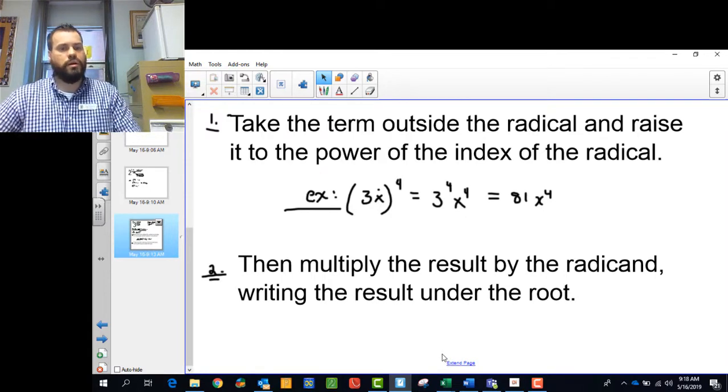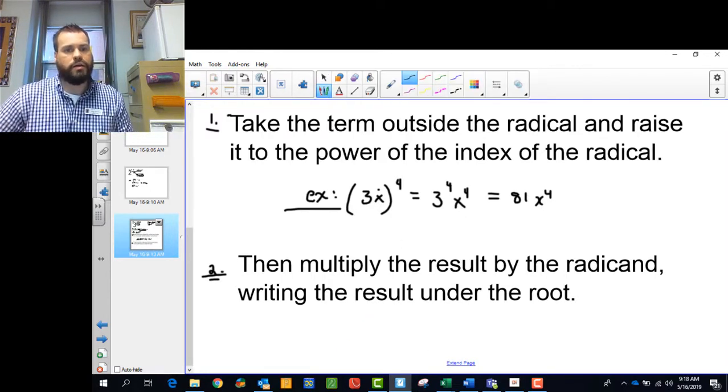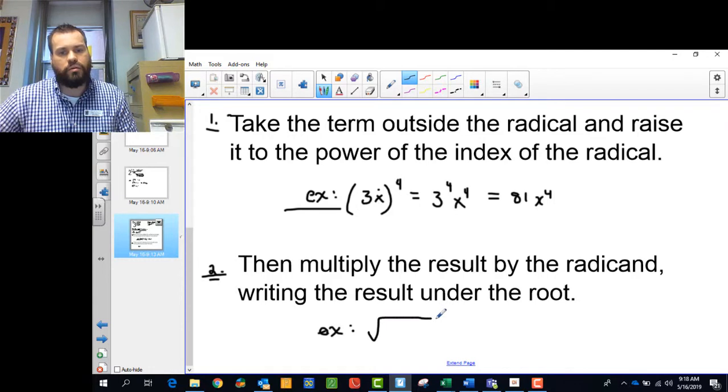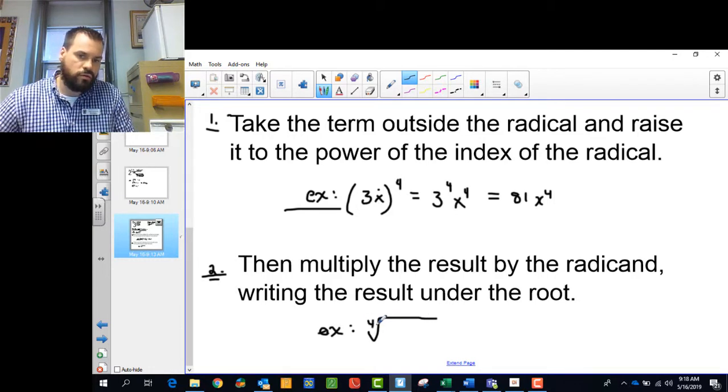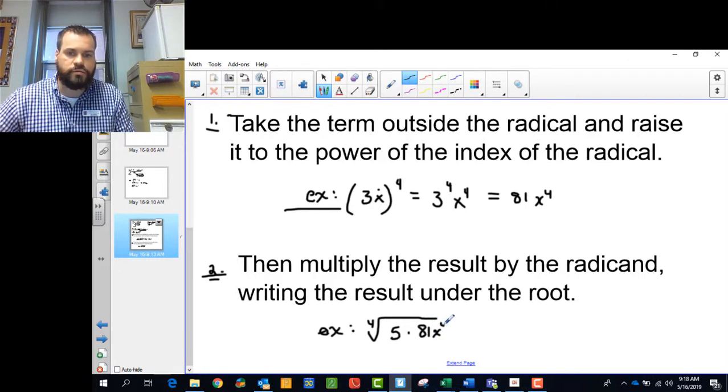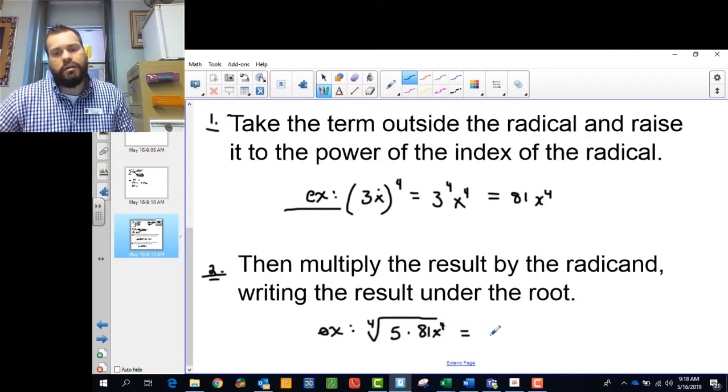And that's it. So in our example, we have our 3 to the 4, x to the 4, so we're going to write our fourth root, and then we're going to go 5 multiplied by, because we're going to multiply the radicand by this, 81x to the fourth. And 81 times 5, we've got to figure out.